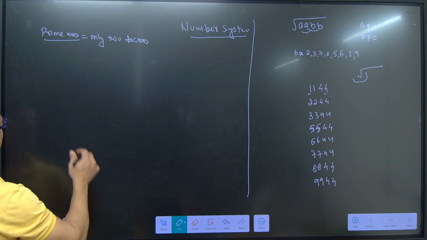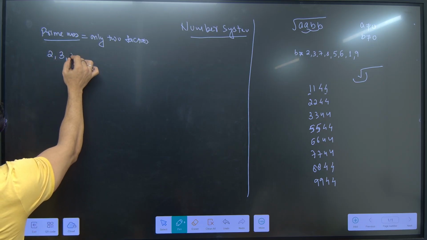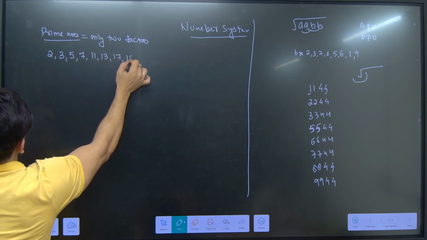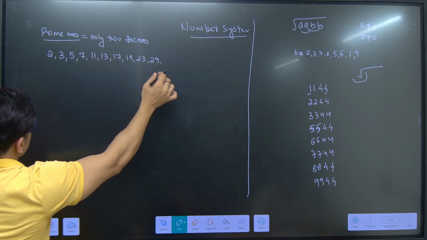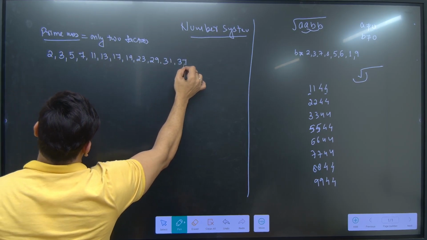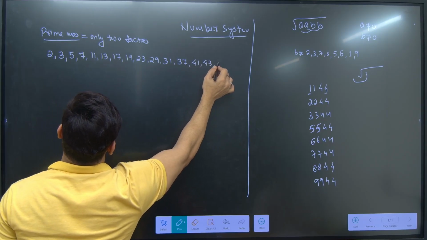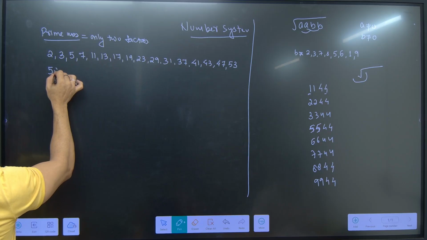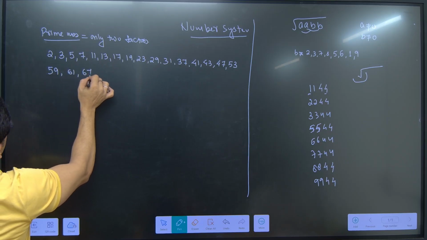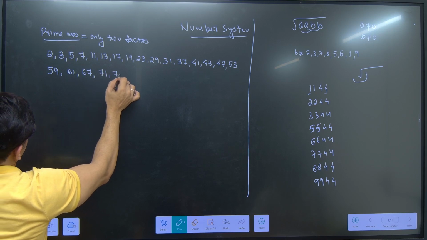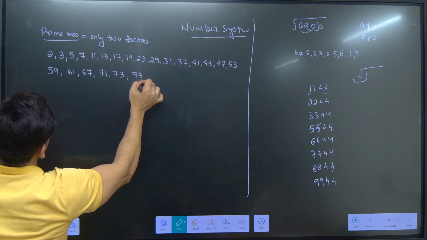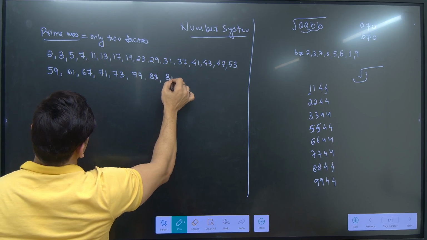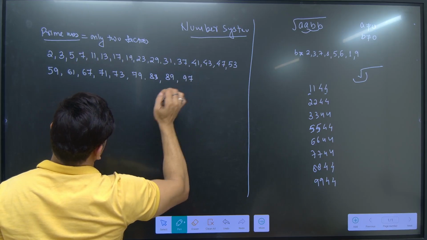First is 2, 3, 5, 7, 11, 13, 17, 19, 23, 29, 31, 37, 41, 43, 47, 53, 59, 61, 67, 71, 73, 79, 83, 89, 97.